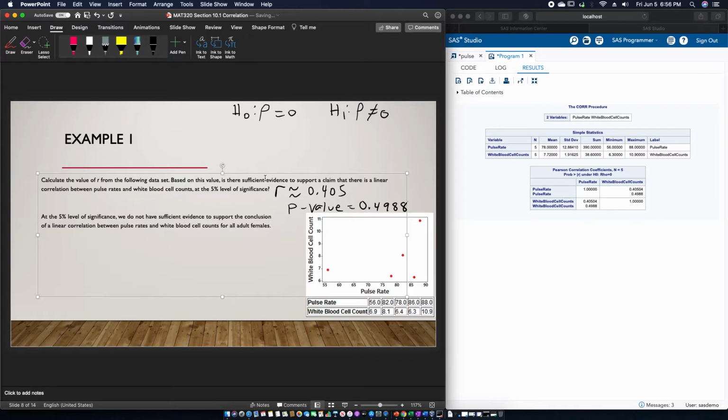Now, mind you, there's only 5 data points here, so maybe a larger data set might tell us something different, but for the one that we have here, that's what that tells us.